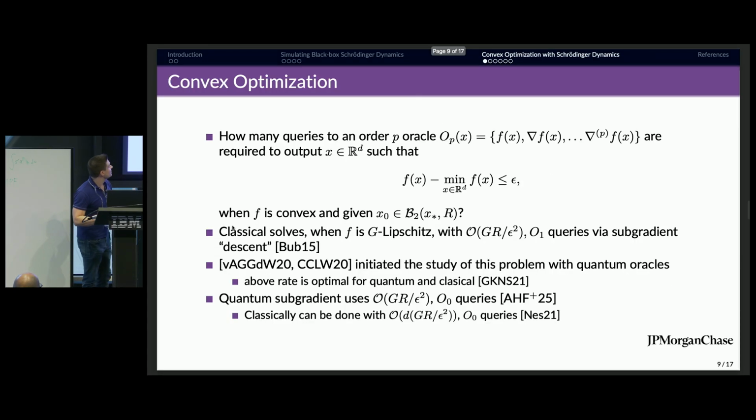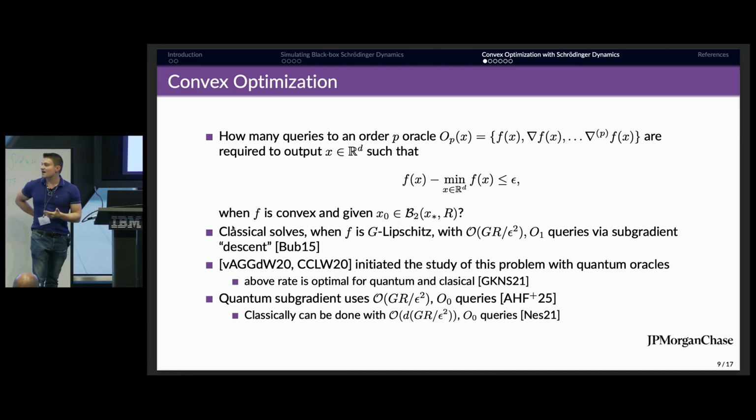function. So, convex optimization. This is the formulation of a general convex black box optimization problem in which you have some function f, and you're given access to an oracle, which we call a p-th order oracle. A zeroth order oracle will give you evaluations of the function: you give it x, it gives you f of x.